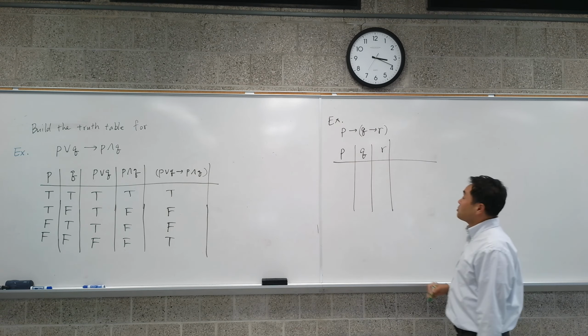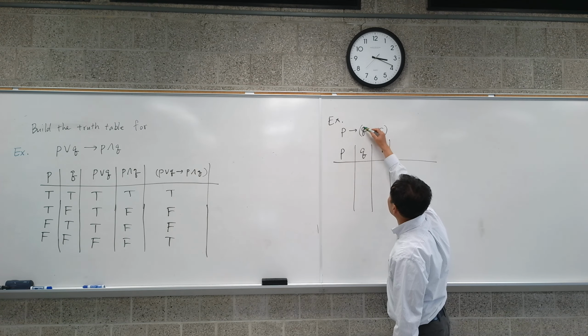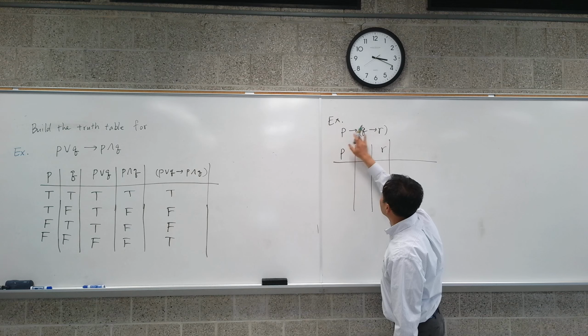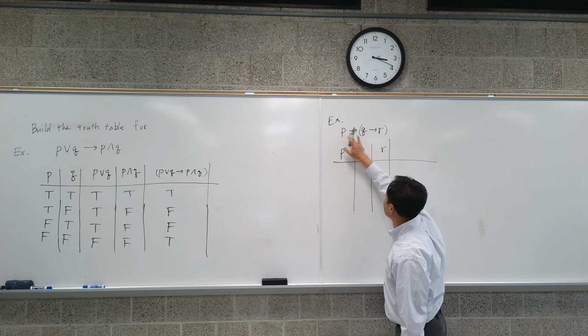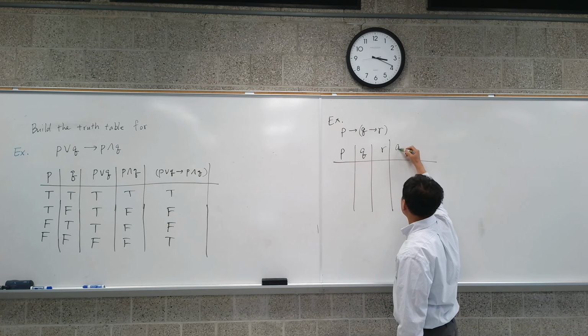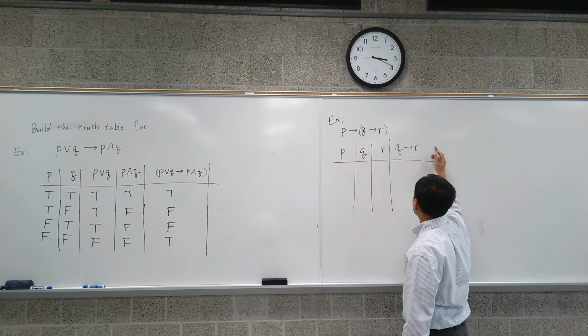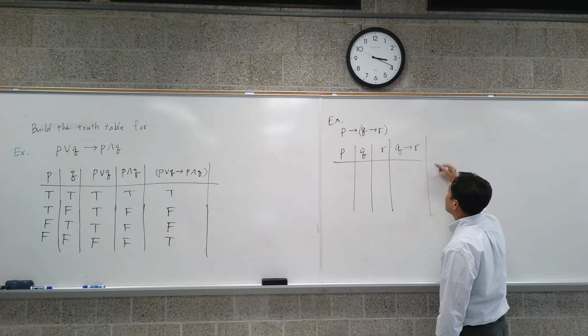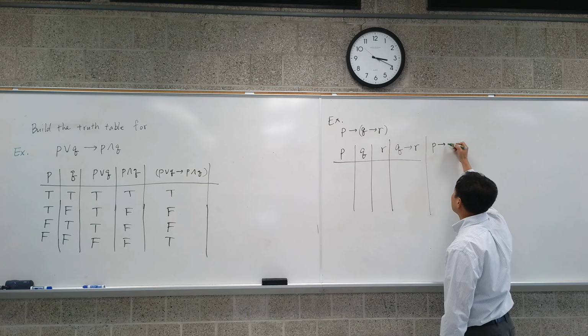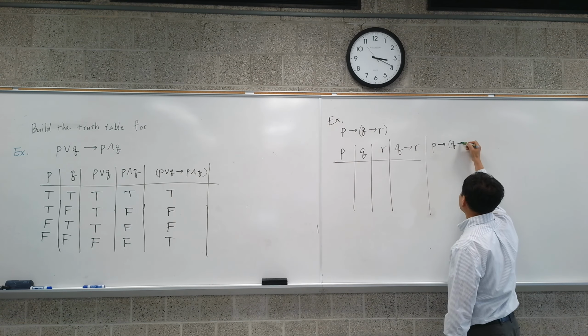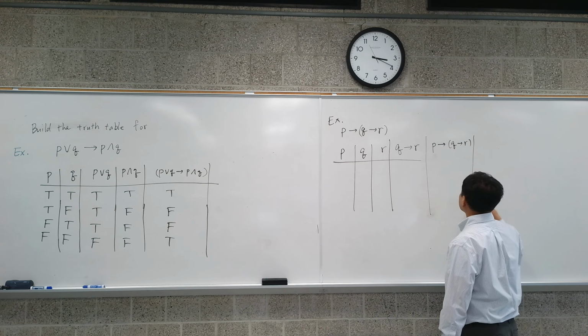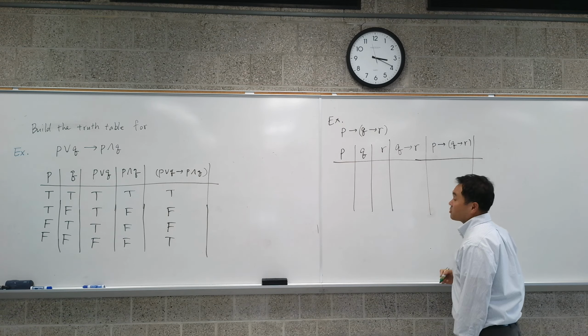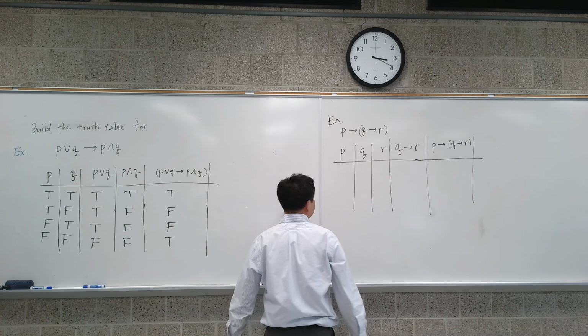And in addition, because you need to know this in order to think about the truth value for P implies this, you also want to build Q implies R as a separate column. And then you have P implies Q implies R as the fourth column. Okay.